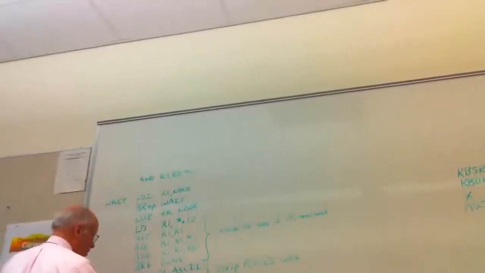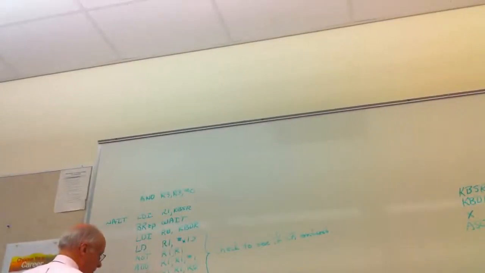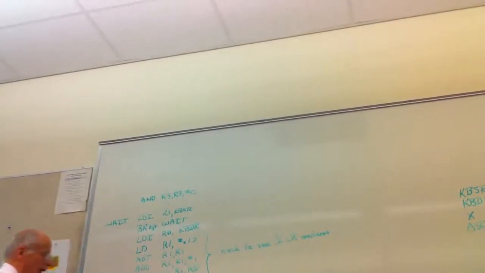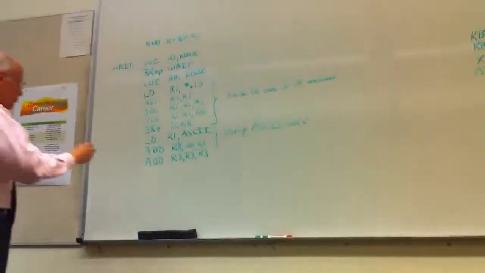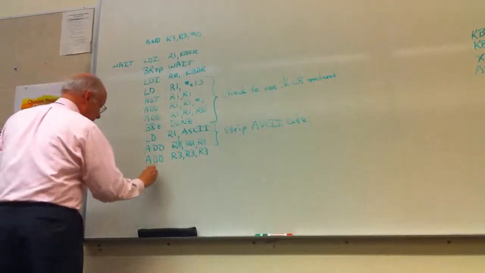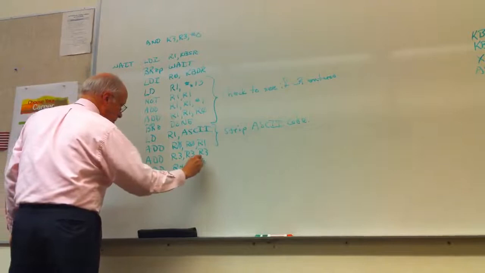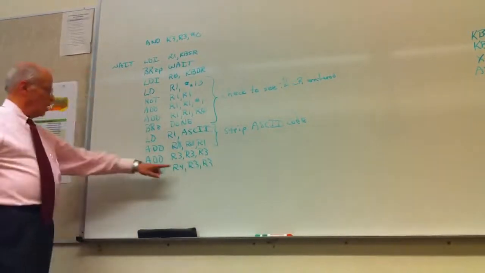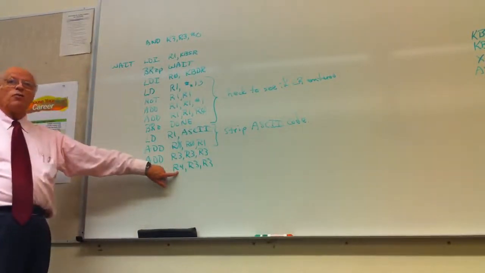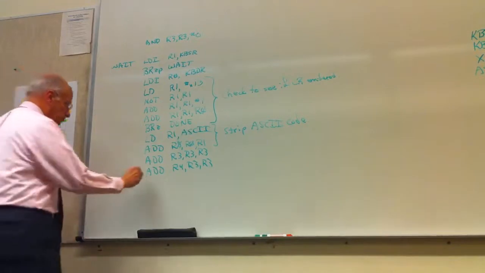And so now I multiply this thing by 10. I do that by saying I add register 3 to itself. That gives me 2 times the value that's in there. Register 4 now contains 4 times what was in there.